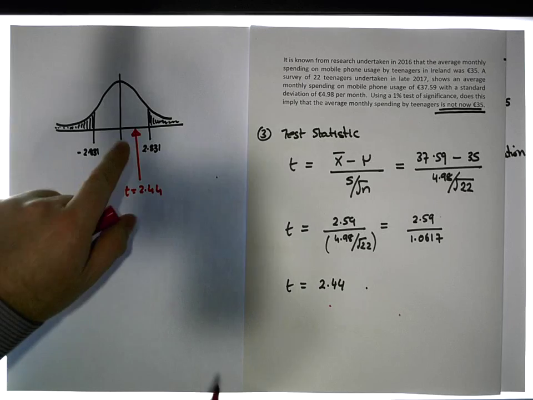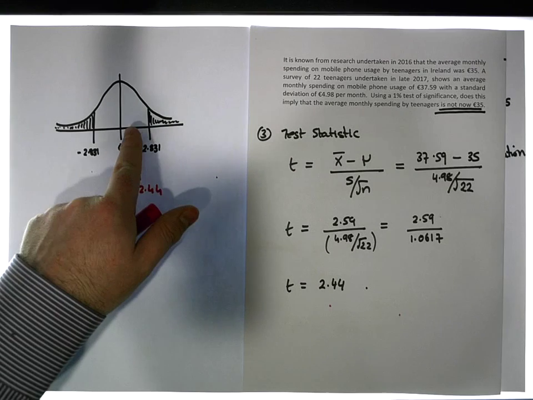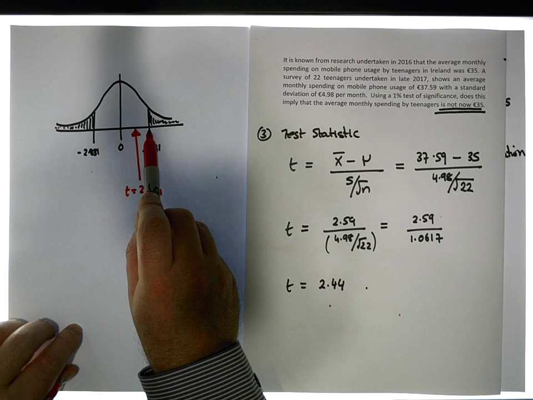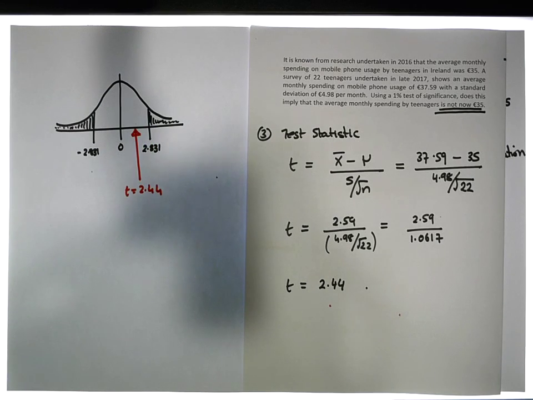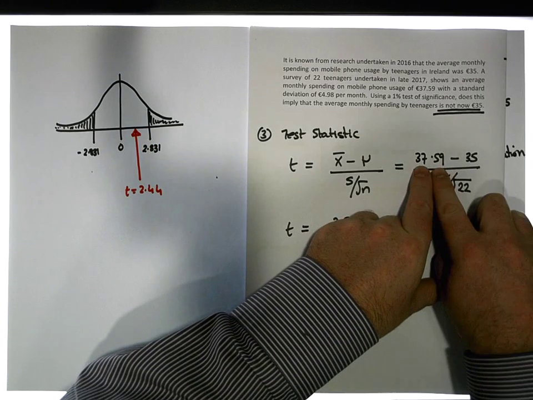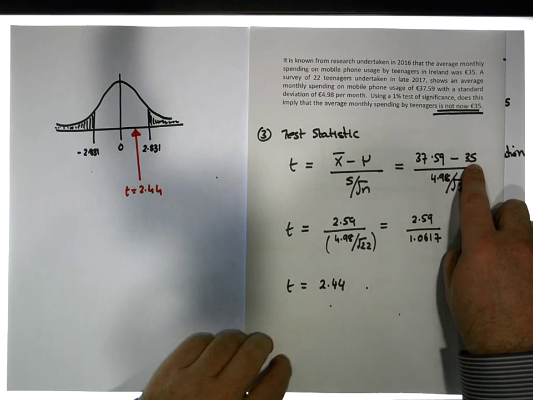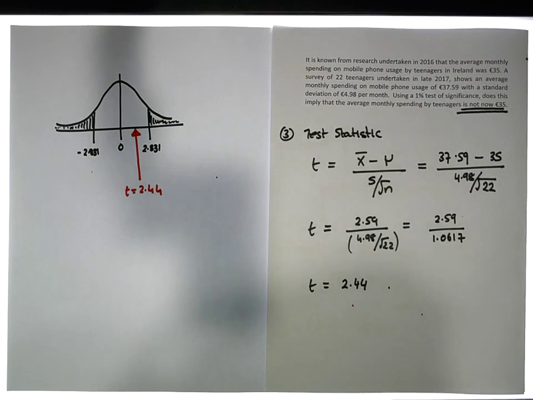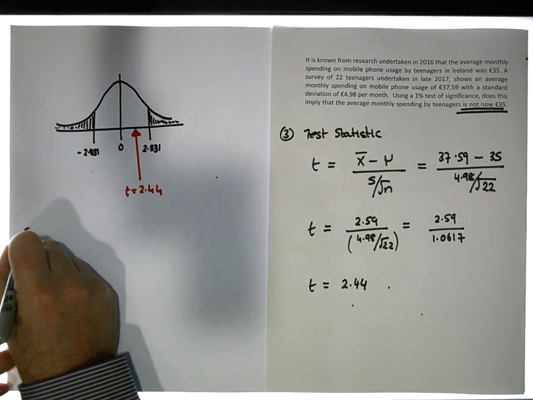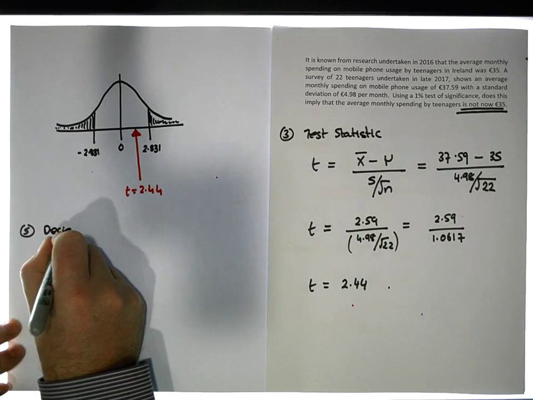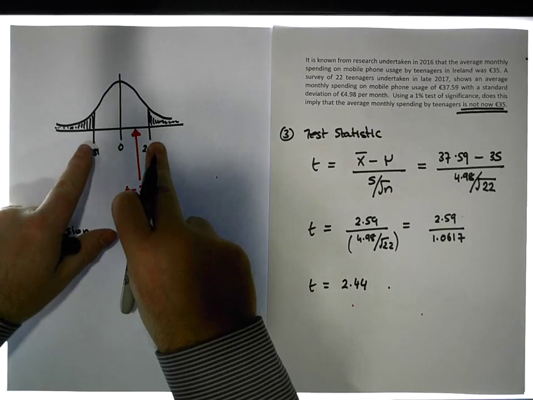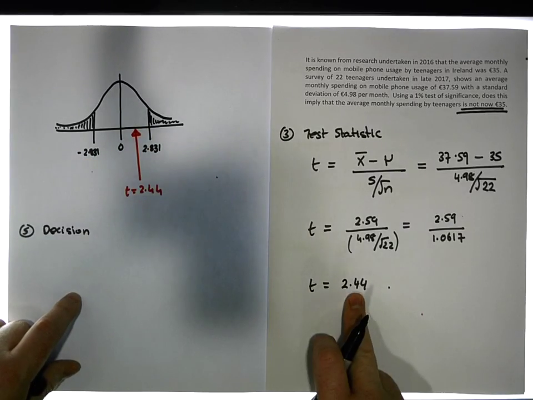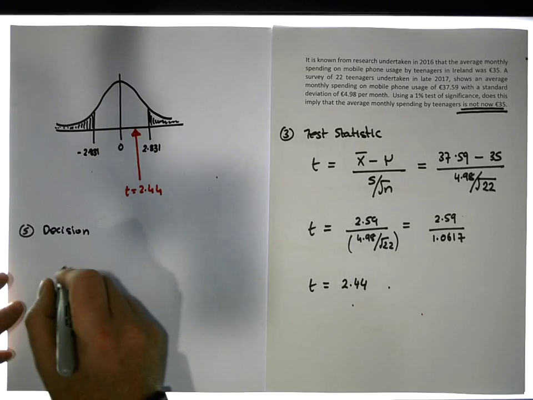You can see it's not far enough away. It's not greater than this demarcation point here. The evidence that we've observed isn't far enough away from 35 to be statistically significant. So our decision, step 5: because it's a two-tailed test, we can throw away the signs of our critical values and also the sign of our test statistic.